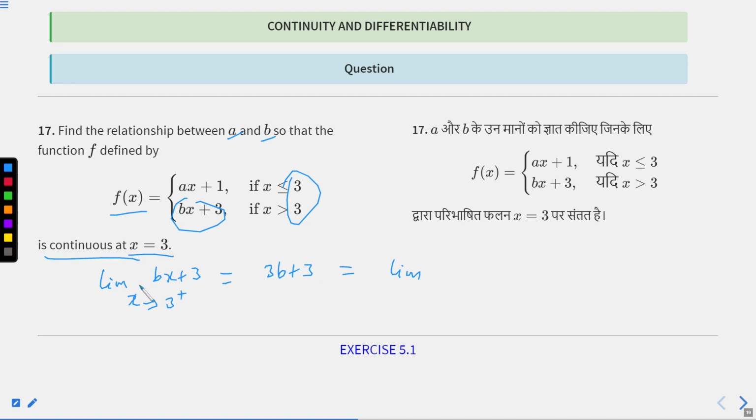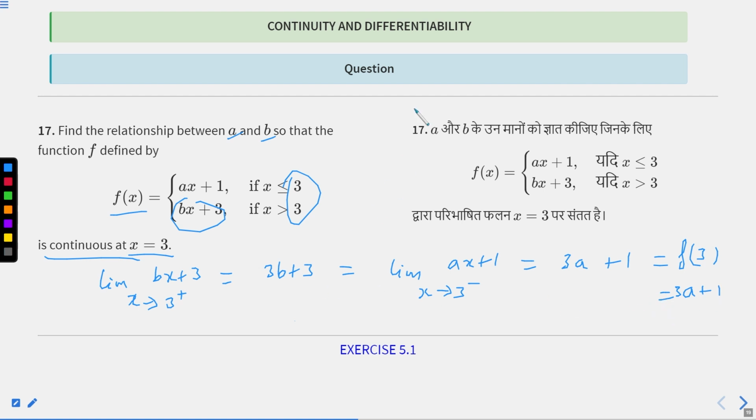As it is given that my function is continuous at x equals 3, this right hand side limit must be the same as the left hand side limit, which will be ax plus 1, which is 3a plus 1. And this whole thing will be the same as f(3), and f(3) is 3a plus 1.